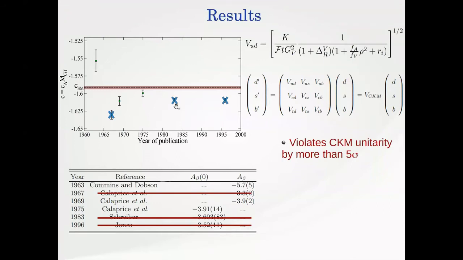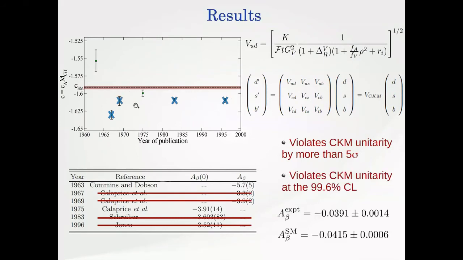So that's not true. So these three experiments can be ruled out, okay? This one can also be ruled out because it also violates CKM unitarity at the 99.6% confidence level. That only leaves the 1975 measurement. That is a reasonable measurement in terms of CKM unitarity, and there is no violation of CKM unitarity observed to date after a lot of precise probes, so that seems good.